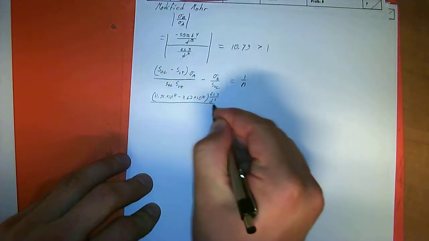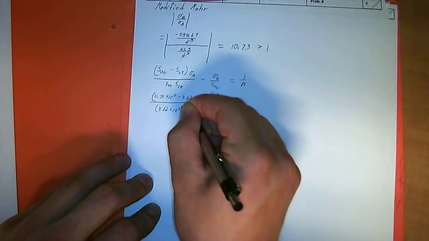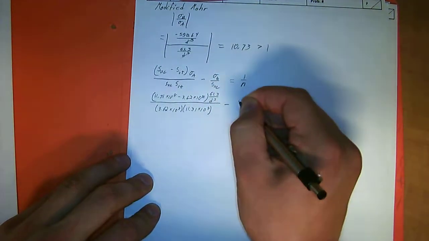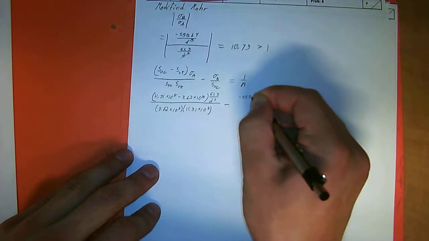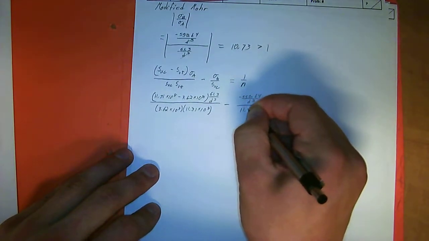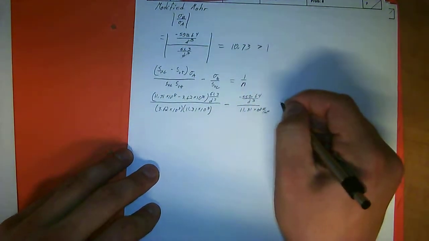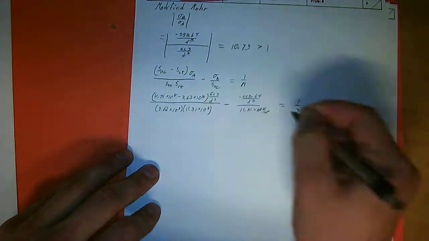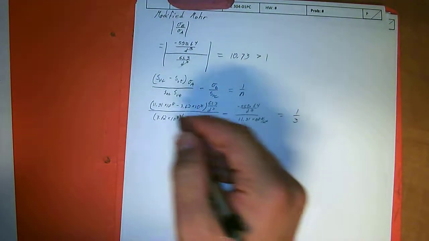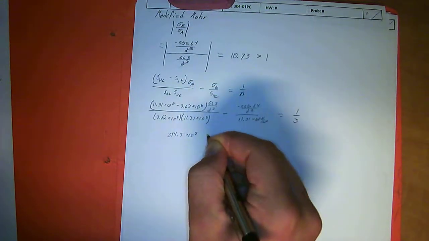And then sigma A is 51.3 all over d cubed all over 3.62 times 10 to the 8 of 11.31 times 10 to the 8 minus negative 550.64 all over d cubed all over 11.31 times 10 to the 8. And Newton per meter squared. And then 1 over 3, because we still have a factor of safety.